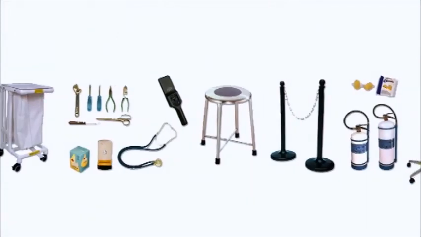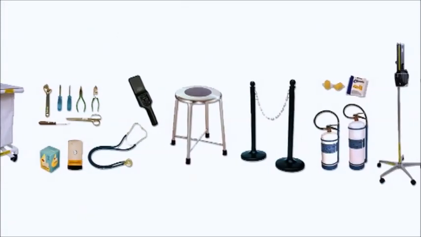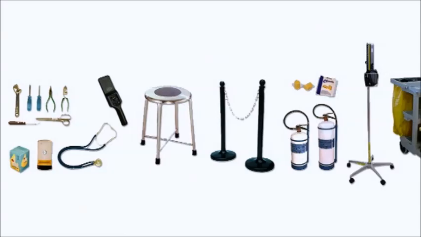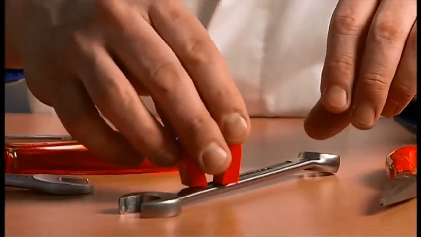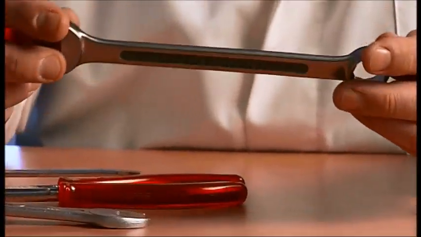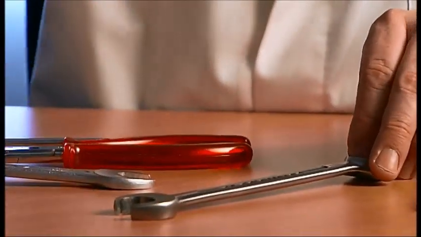Any equipment brought into the MR suite must be made of a non-ferromagnetic material and approved for use in an MR suite. The tools used by service engineers must also be made of special non-magnetic material.